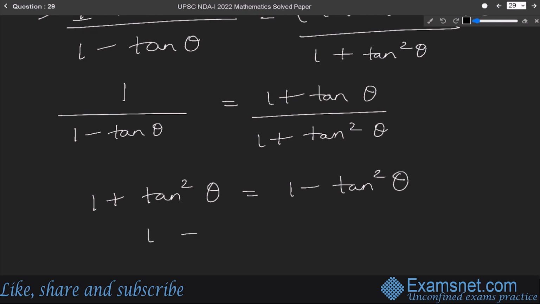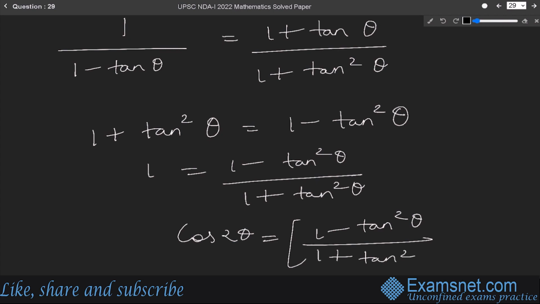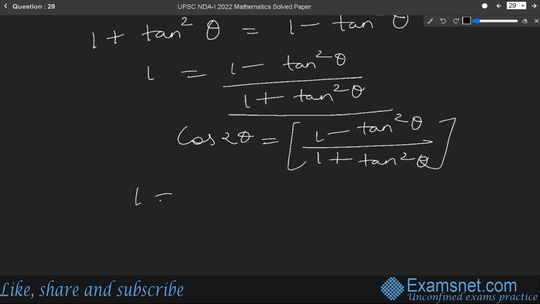Now taking both on one side, we get 1 minus tan square theta upon 1 plus tan square theta. We know that cos 2 theta is equal to 1 minus tan square theta upon 1 plus tan square theta. So in place of this whole term, I can put cos 2 theta. So 1 is equal to cos 2 theta. Therefore, cos 2 theta is equal to 1. So we have found the value of cos 2 theta in this way.